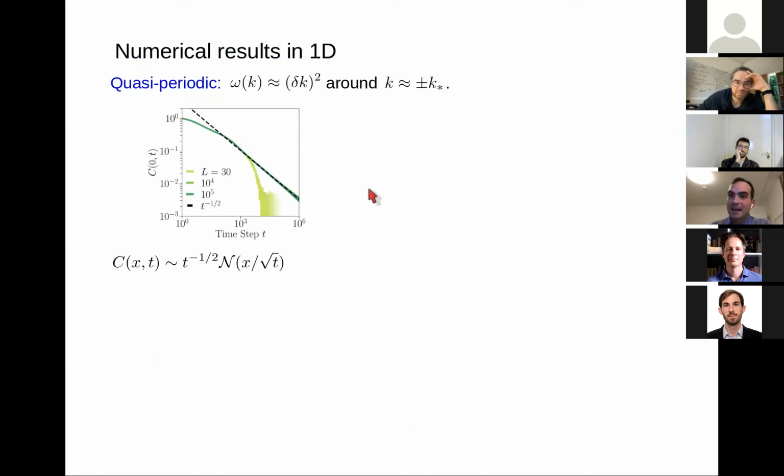So if we apply this ansatz to the quasi-periodic symmetries, what you find is that omega of k is this delta k squared. You naively would say this is just diffusive scaling: a 1 over square root of t decay of the autocorrelations and some Gaussian envelope function. This is indeed what you find in the numerical results.